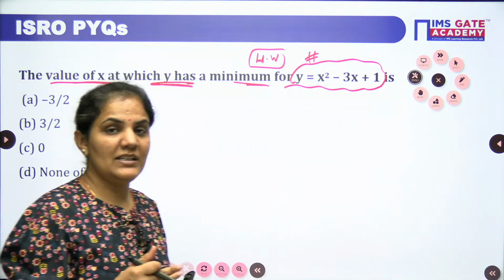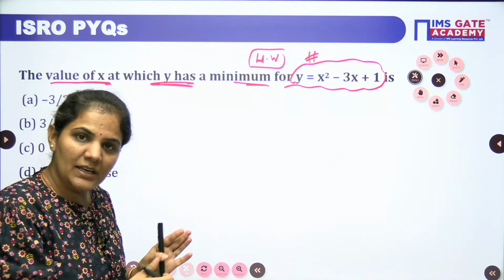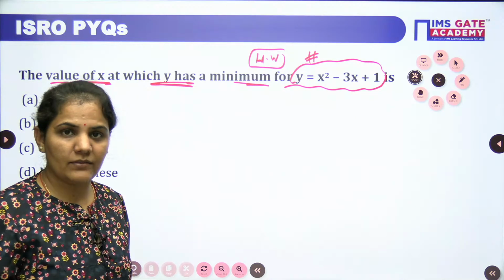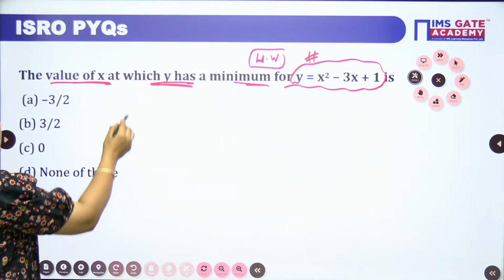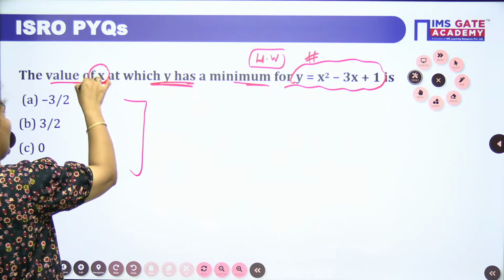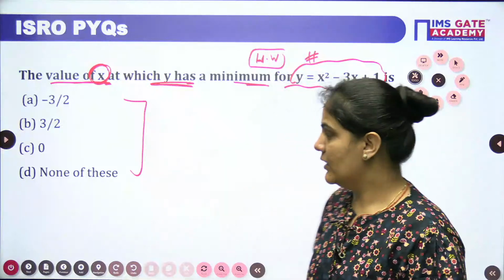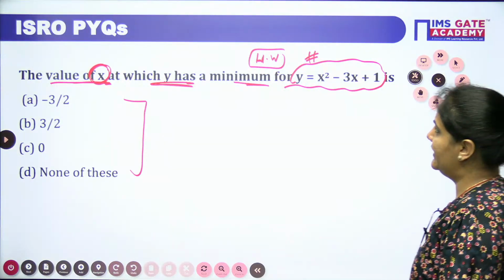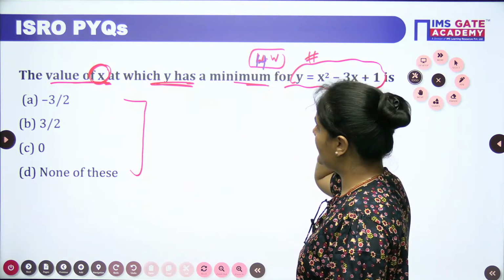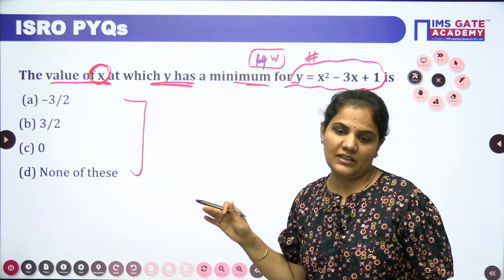If it is positive, then we have a minimum at that point. The question is asking about the value of x, which means the point only, where we have the minimum. So you can try this very easily, dear students. We will start from this question in the next session.